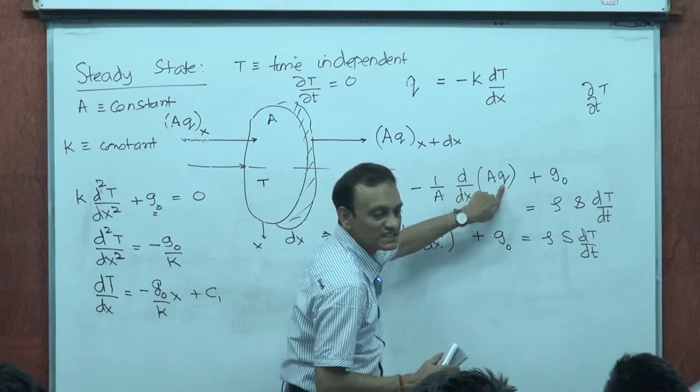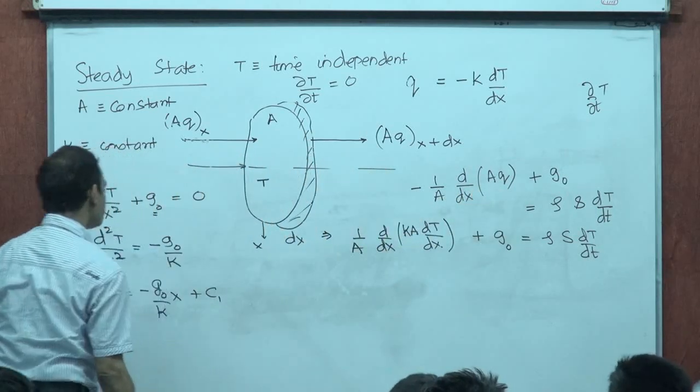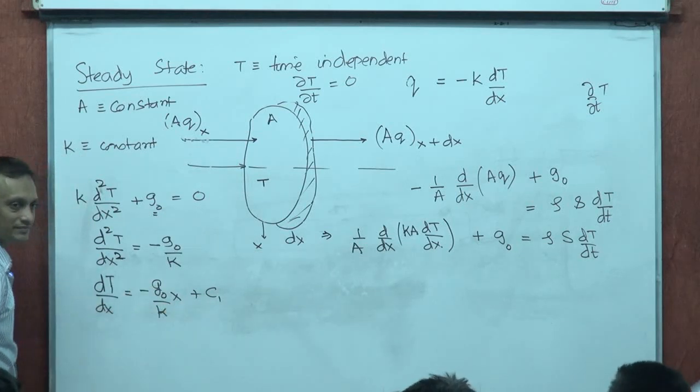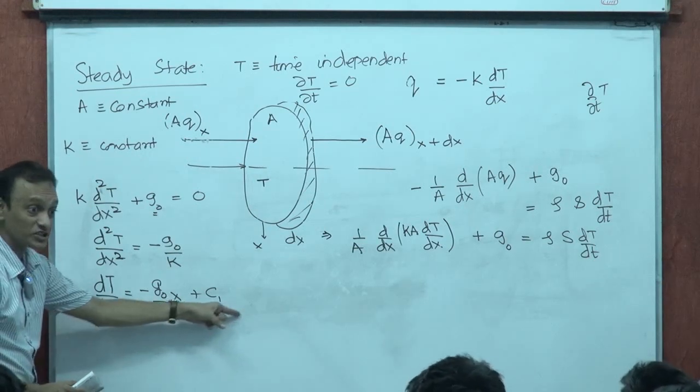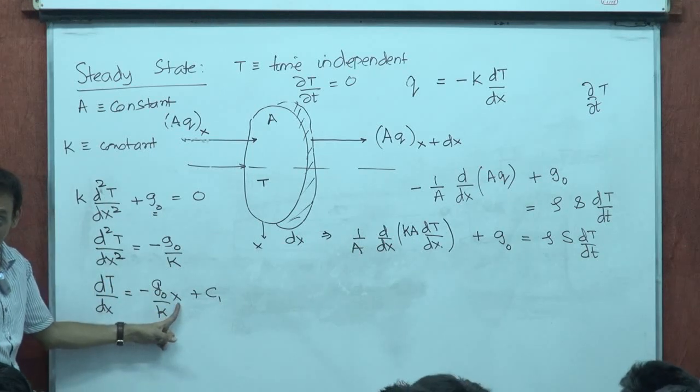Q is minus K dT/dx, that's why this minus sign. So dT/dx is minus g naught by K x plus c1. So I get the temperature gradient as a function of x. That means the temperature gradient is a linear function of x.